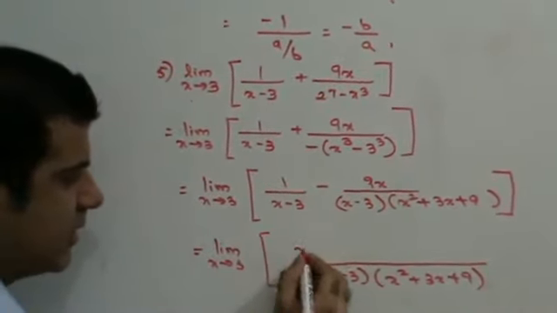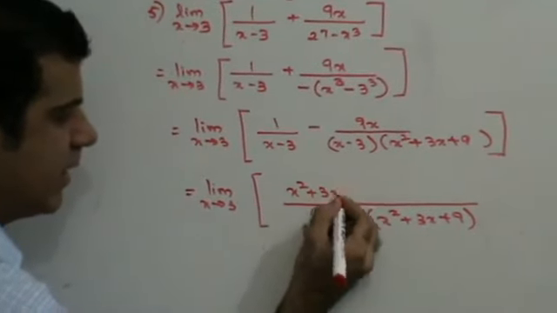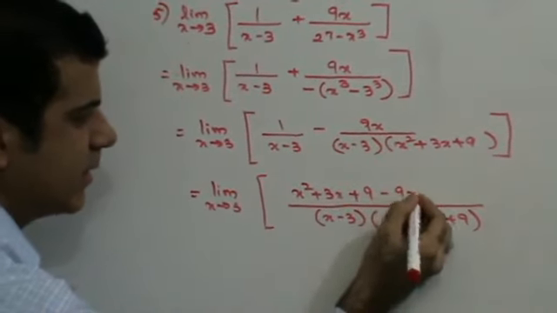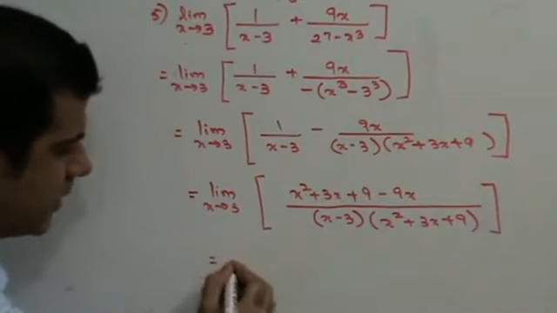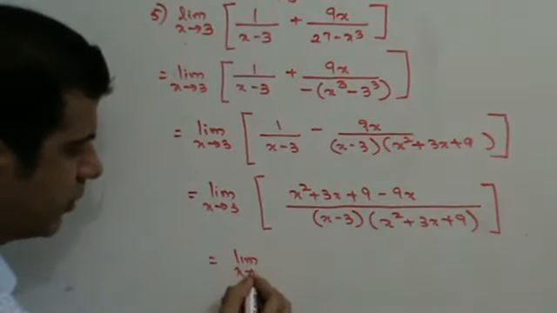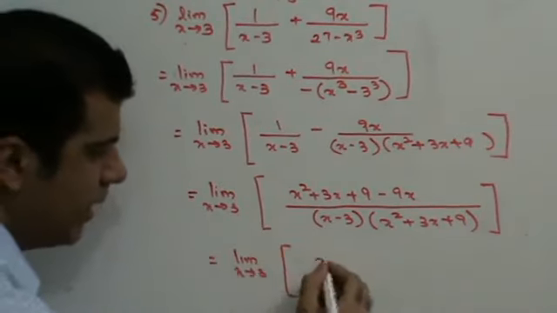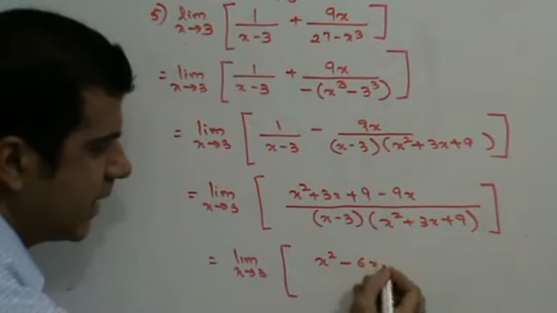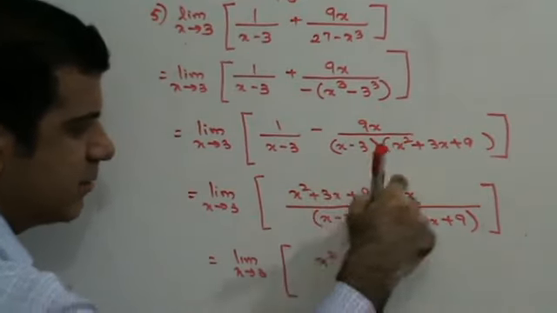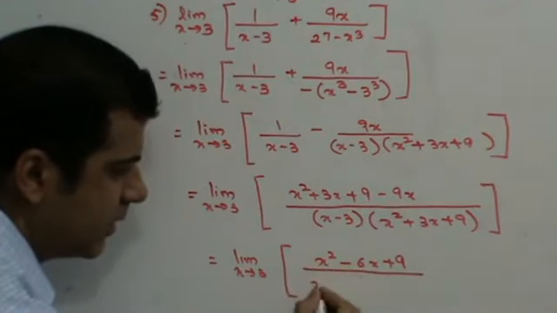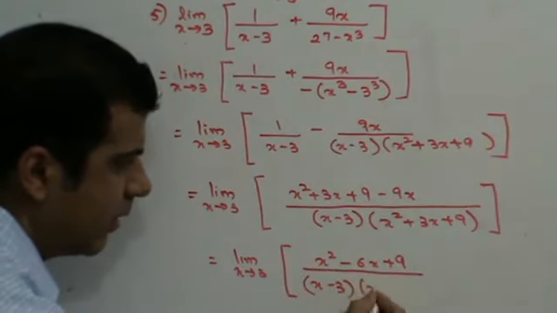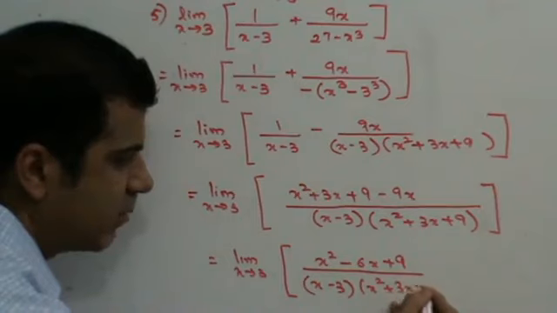In this case, the numerator will be x square plus 3x plus 9 minus 9x. This is limit of x tends to 3. This is going to be x square minus 6x plus 9, 3x minus 9x, guys, upon x minus 3 into x square plus 3x plus 9.